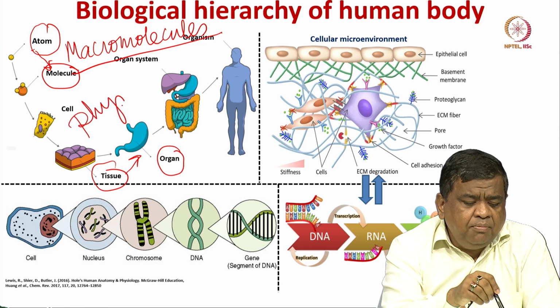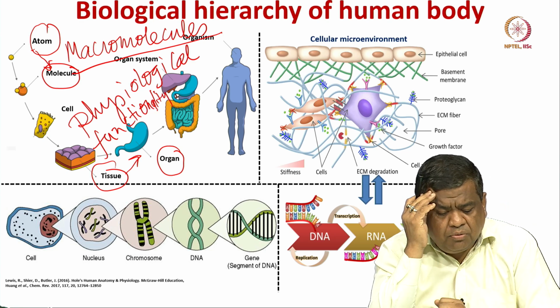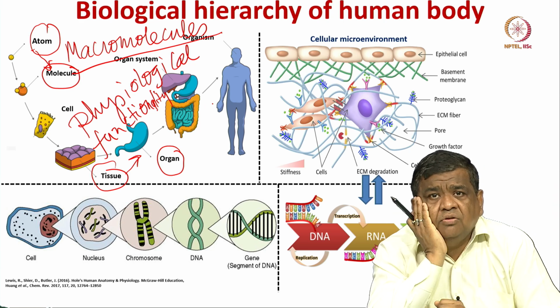Some of the terminology that I am introducing is very important. This terminology is the physiological context, or the functionality of the organ, and these organs perform specific functions, right.